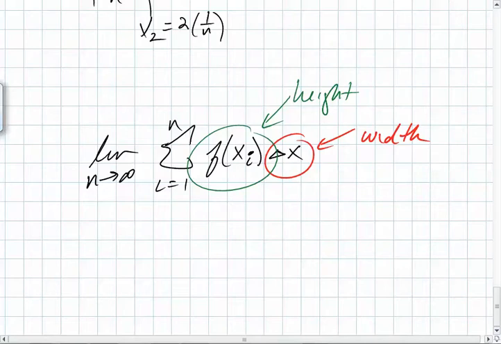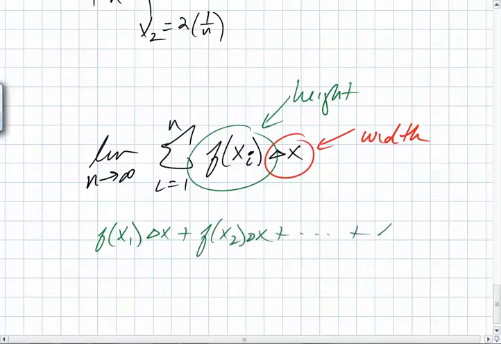So the point is, this summation is just notation for: do it first with x sub 1, and then what do you add to it? x sub 2 times this inside the function, and then x sub 3. So this telescopes to f of x sub 1 times delta x plus what? f of x sub 2 times delta x plus all the way up to f of x sub n times delta x.